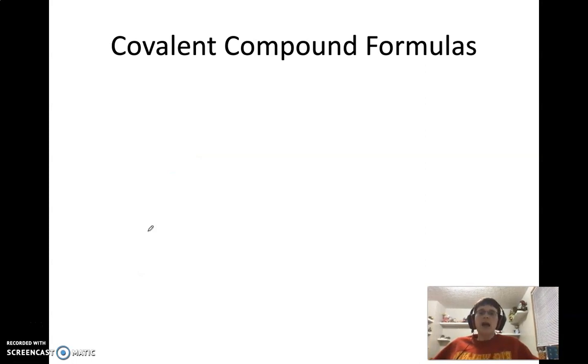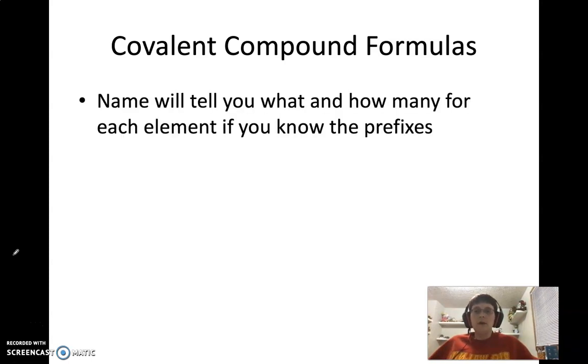All right, so then how do you write covalent compound formulas from their name? Well, the nice thing is that generally their name is going to tell you exactly what's in the formula. So it's going to tell you what the number is for each element if you know the prefixes. So if you're familiar with mono, di, and so on. For that first element, if it doesn't have a prefix on it, you assume that it is 1.